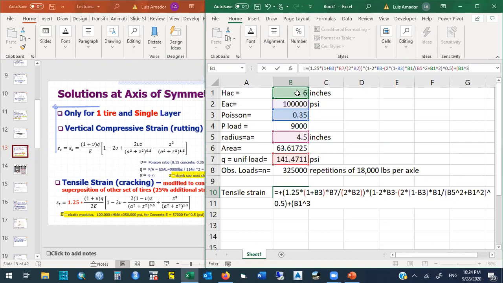Just gonna do it like this, just to make sure that the cube is not being confused. That's divided by A squared plus Z squared to the power of 1.5. I cannot see how many parentheses, so I'm just gonna click on this one. Okay, it's detecting now. So that closed all the parentheses.